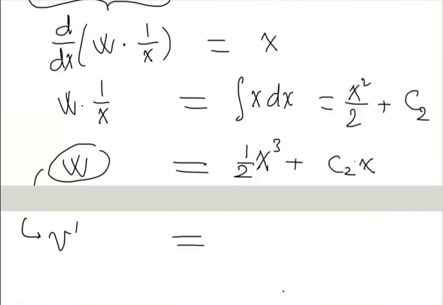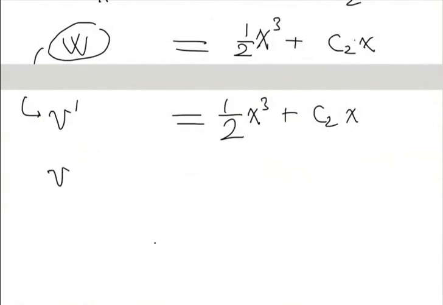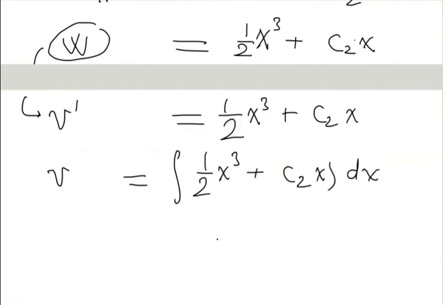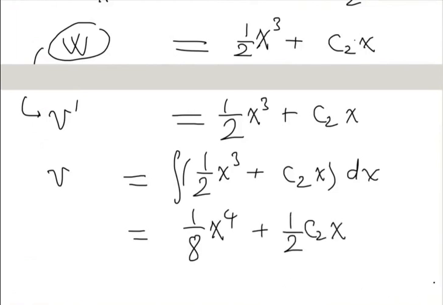So we have v prime is 1/2 x cubed plus C2 x. So we solve for v by integrating. We get 1/8 x to the 4 plus 1/2 C2 x squared plus C1.